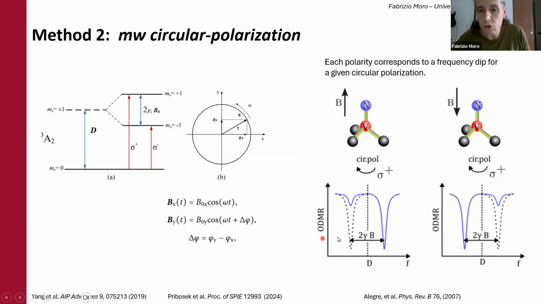In fact, if you measure ODMR spectra for a fixed polarization, then you will see that if a magnetic field is pointing upwards, the resonance line appears at high frequency. And if it's pointing downwards, you will see a resonance line appearing at low frequency.